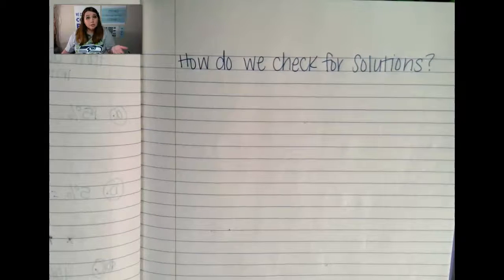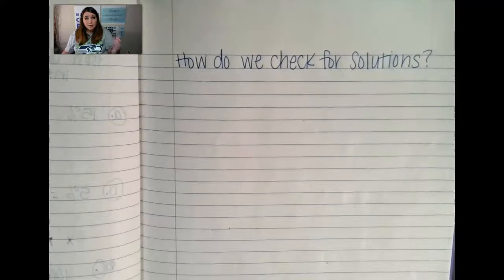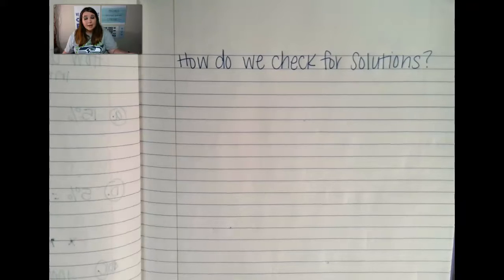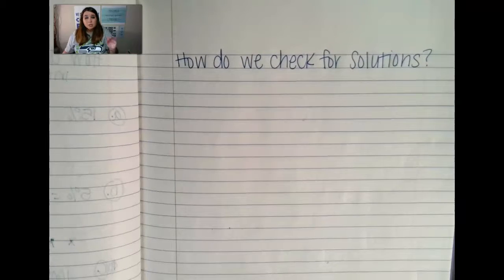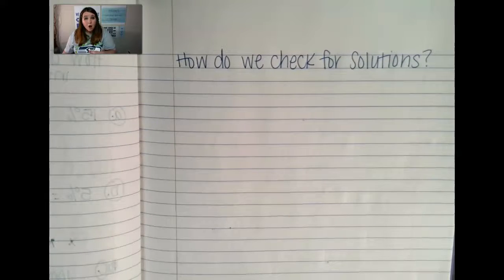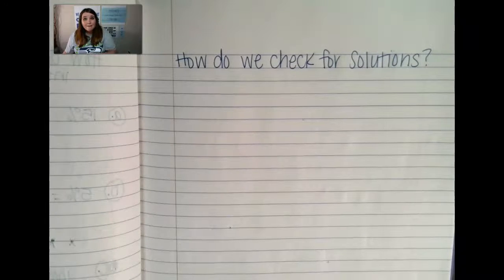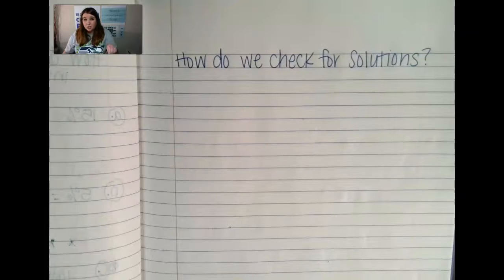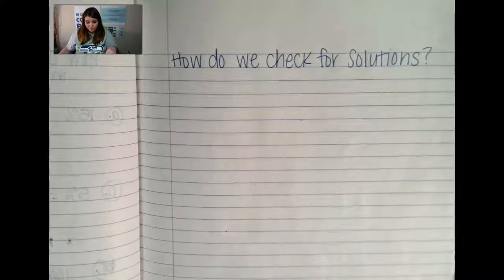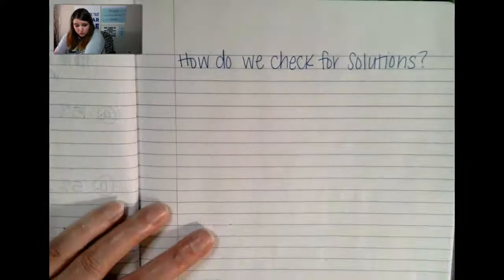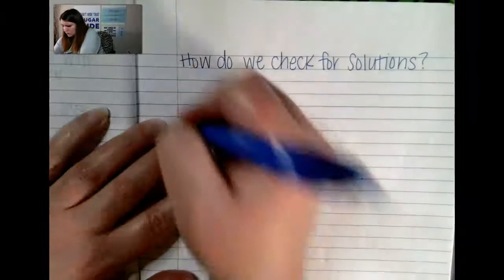So in our last lesson we looked at substitution, and we used substitution to find the answer or the solution. Our job today is to see if our answers or our solutions are true. So we are going to first talk about what are solutions.